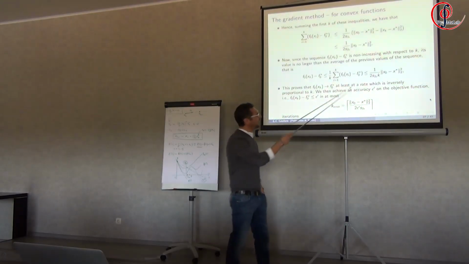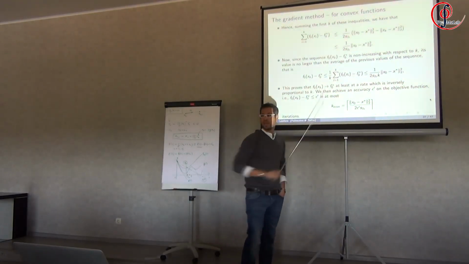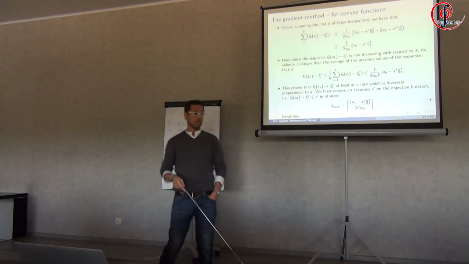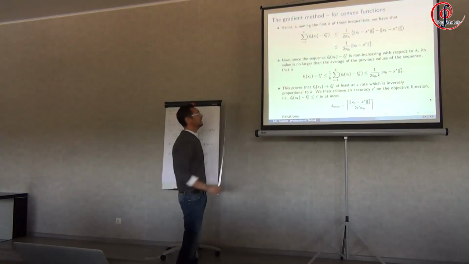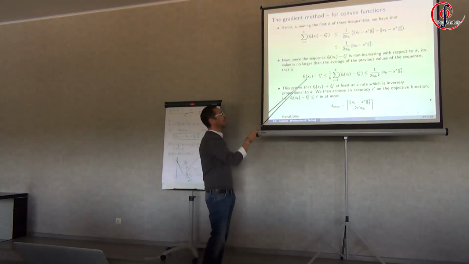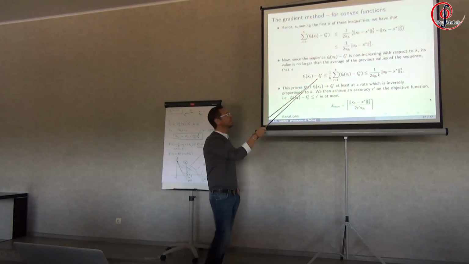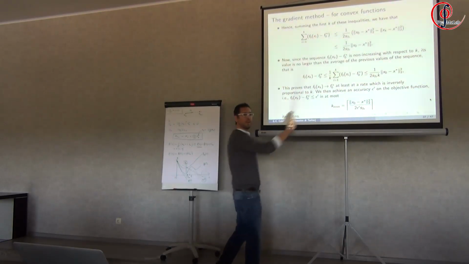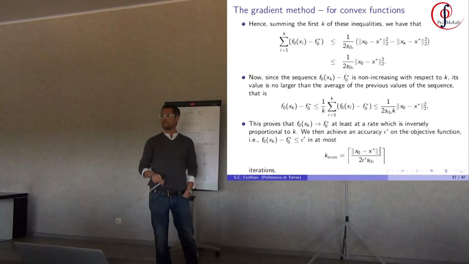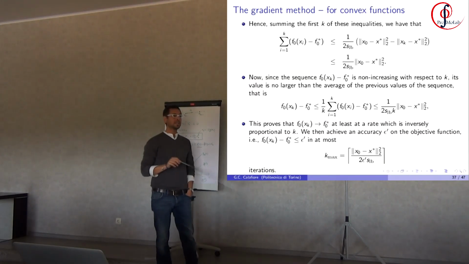Okay? What counts here is this 1 over k that gives the rate. So this equation says that my objective value converges to the optimal objective value at a rate 1 over k. Okay? Which is better than what we had before, which was 1 over square root of k.